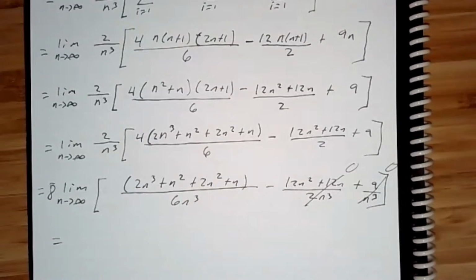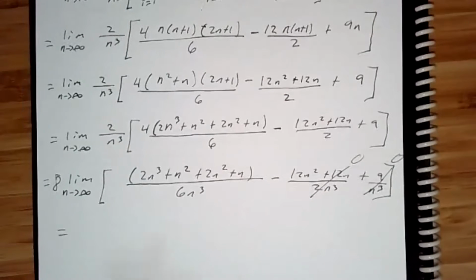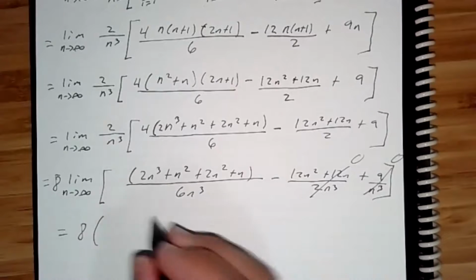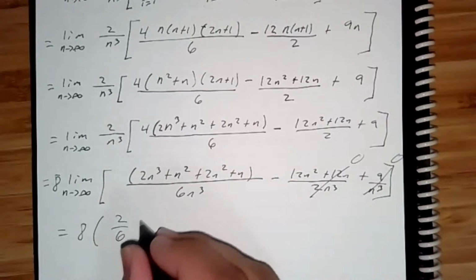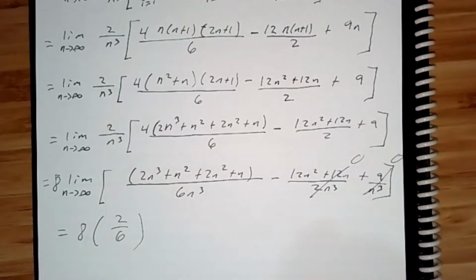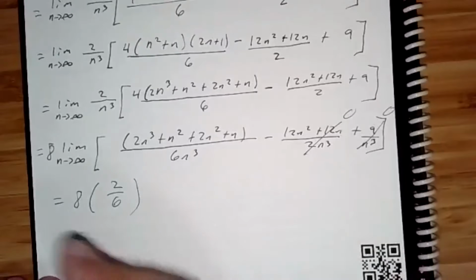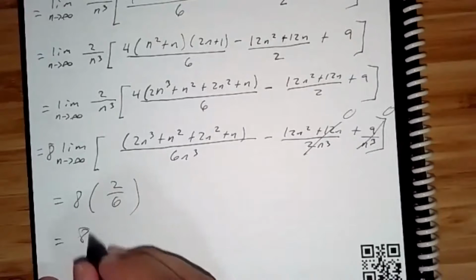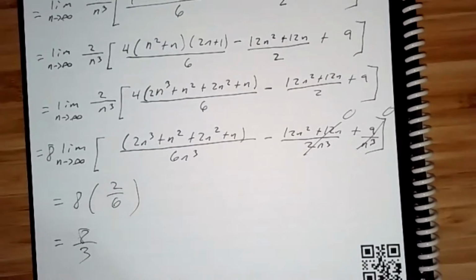We'll deal with the 8 at the very end. So I'm going to keep the 2 and the 6. So the limit is equal to 2 over 6, which reduces to a third. A third, yes. 8/3.